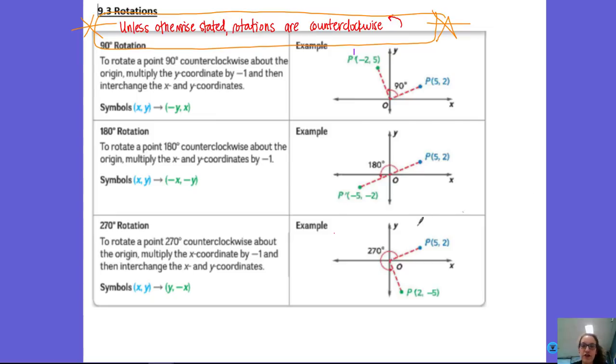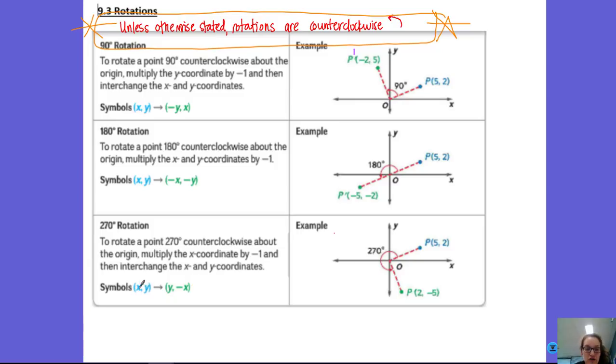So positive 5, positive 2 becomes negative 5, negative 2 in this example. And then if you're rotating 270 degrees, which is the same thing as rotating 90 degrees 3 times, or rotating 180 degrees and then 90 degrees, the rule for rotating 270 degrees counterclockwise is you take the x coordinate, change its sign, multiply it by -1, and then send it to the back.